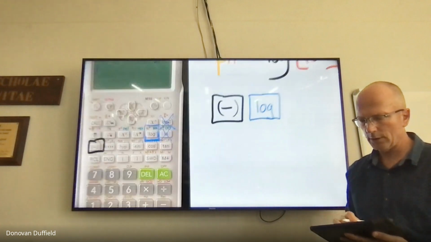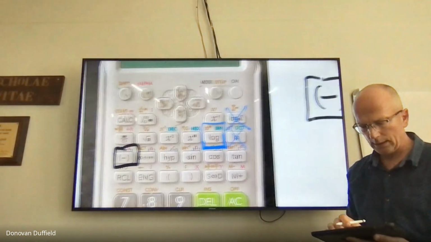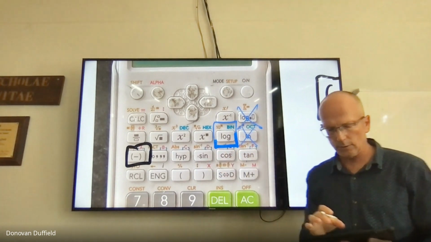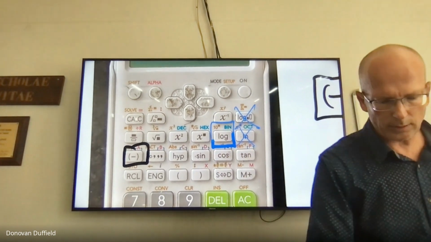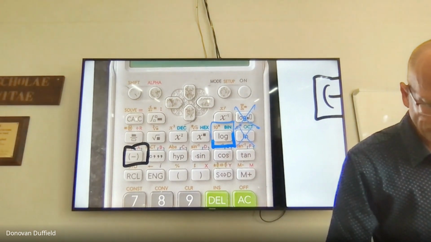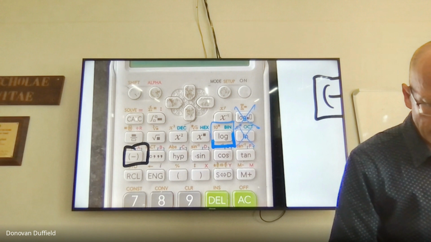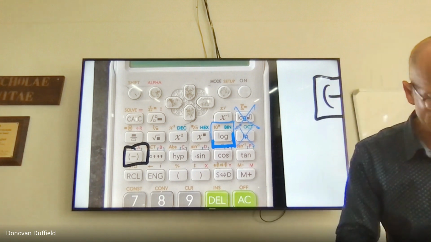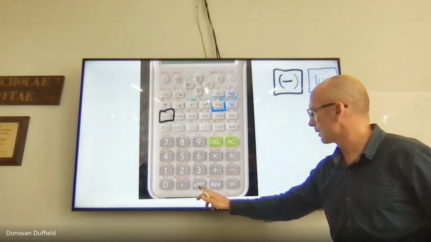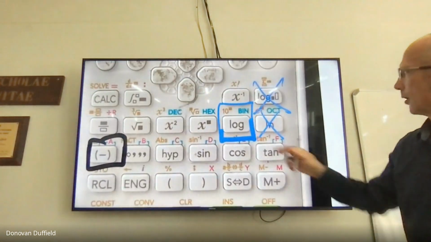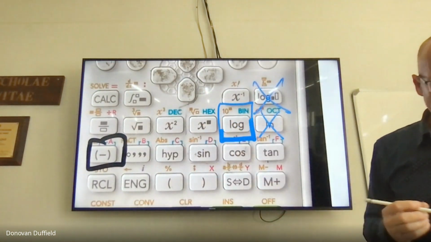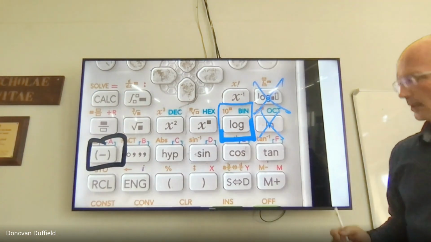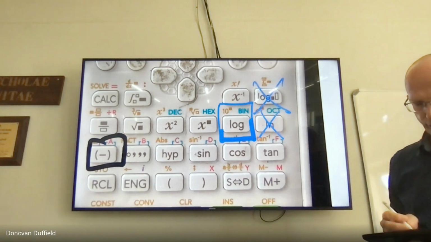Now, we got 10 to the negative 4. So if we look here, can you see that we can use that one or we can use that one? I'm going to go negative log. Normally we're going to use this button, but for this one, I think I'm going to press the 10 to the power.